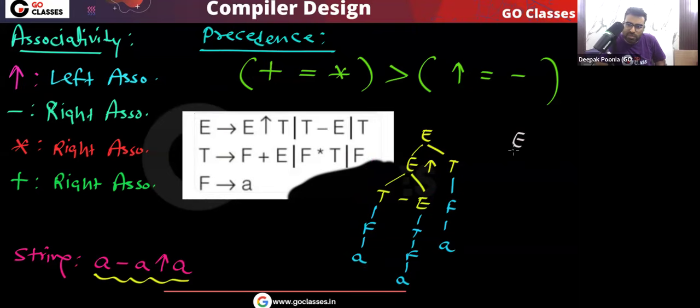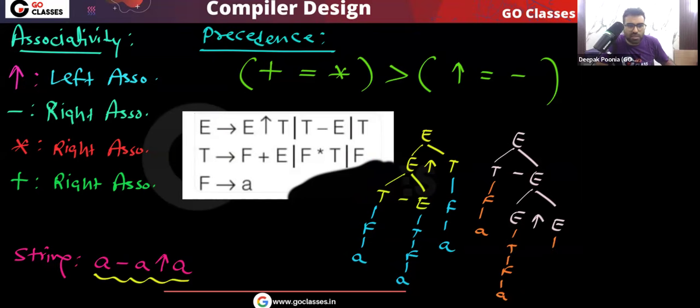For the other parse tree, it will be T minus E, and then this E will go to E arrow T. Now this T will go to F, this F will go to a, and this E will go to E arrow T. Finally this T will go to F and this will go to a.